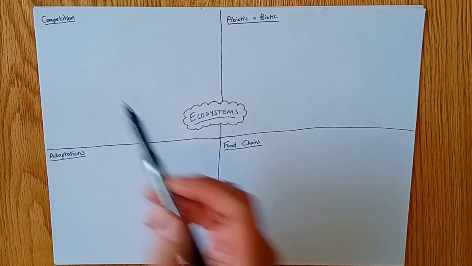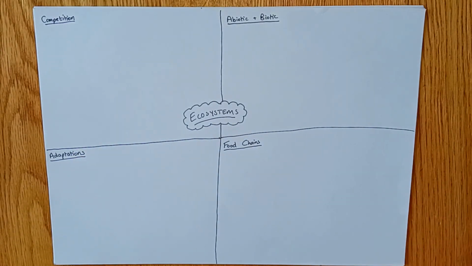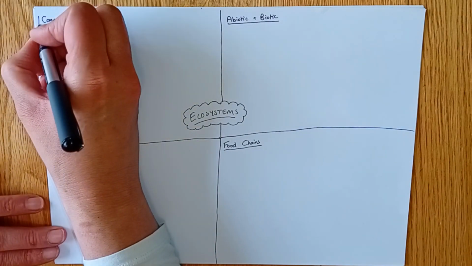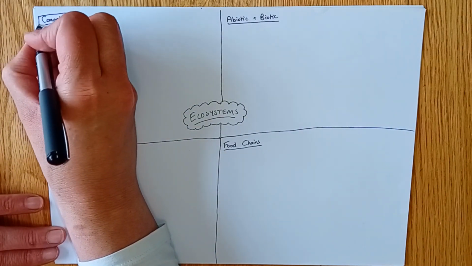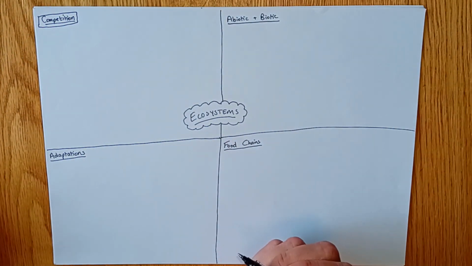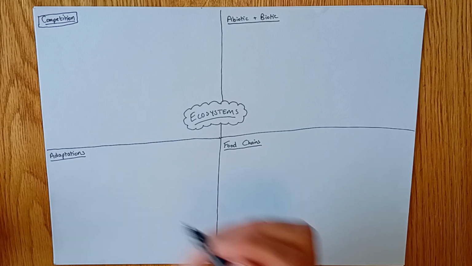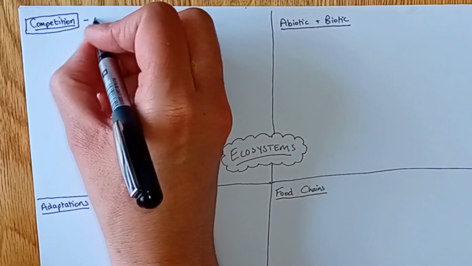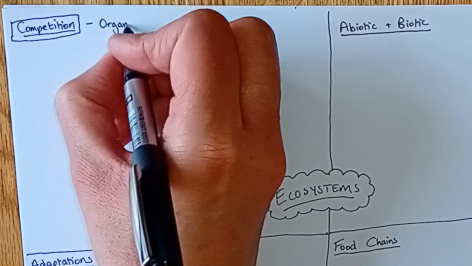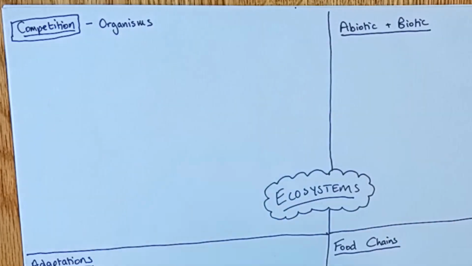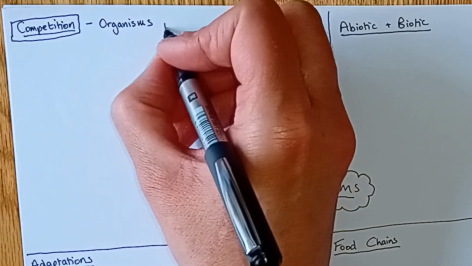Let's start then up here with competition. Competition means that organisms are all after the same resources. They all need the same thing, so the same food, they all need shelter, and so they compete. And whoever's best at getting them is going to survive. So competition means organisms need the same resources.